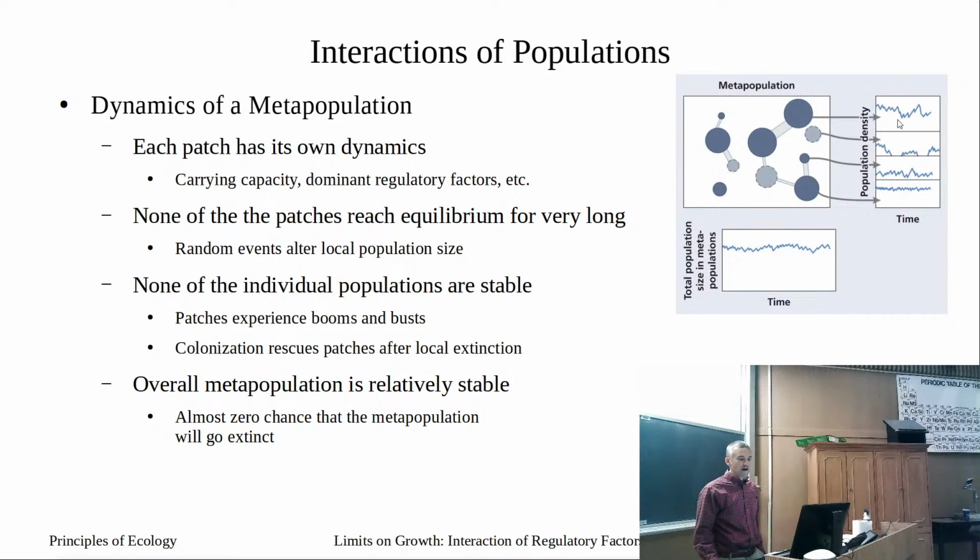So while you see a lot of variation and fluctuation in the individual patches, when we look at the population across all patches together, it exists as a relatively stable population size. And this is why all of this fragmentation that has happened has allowed populations to persist. They've existed as a metapopulation.